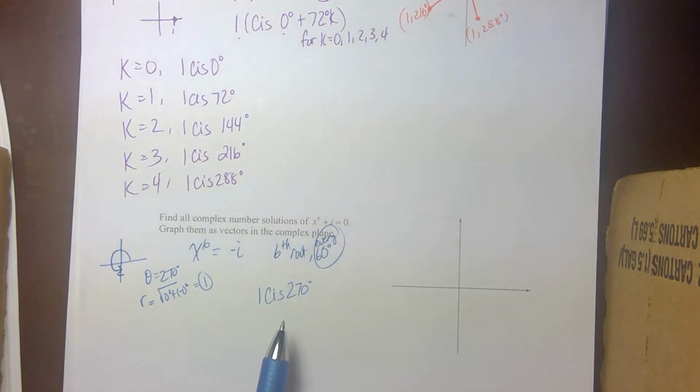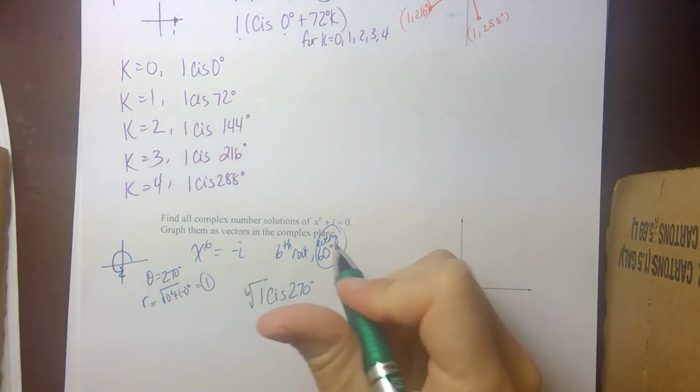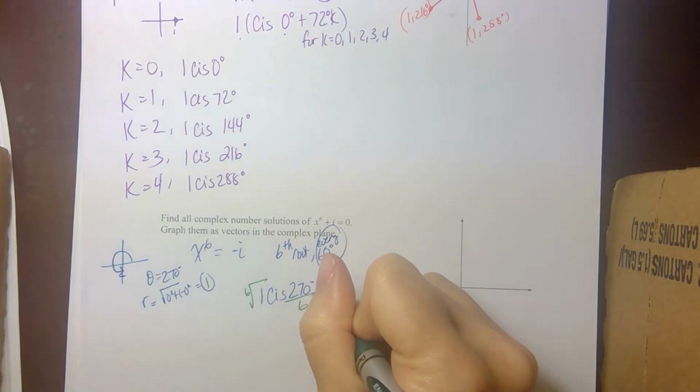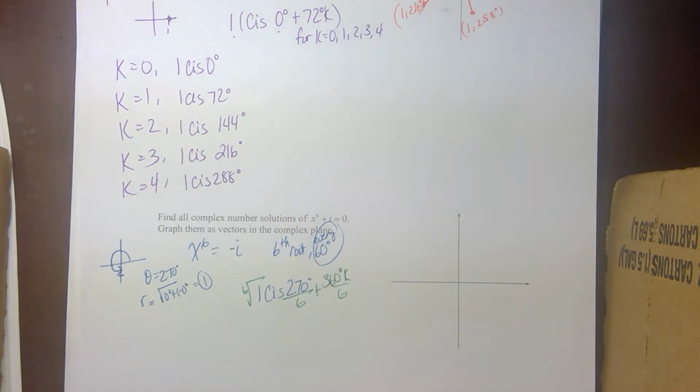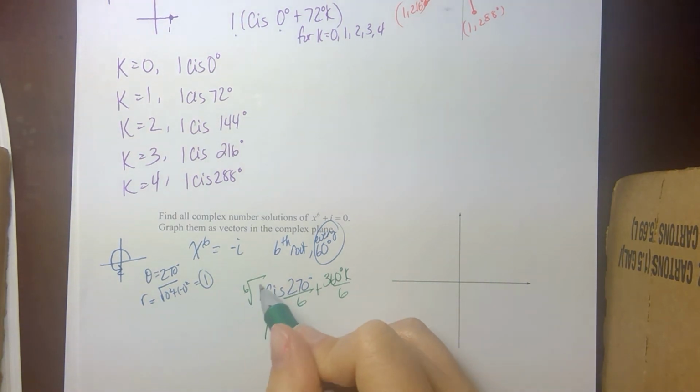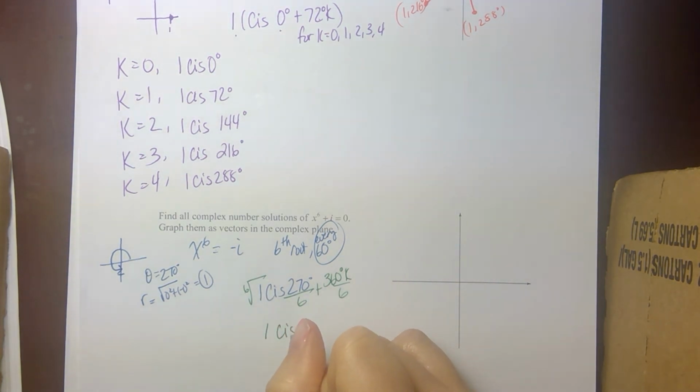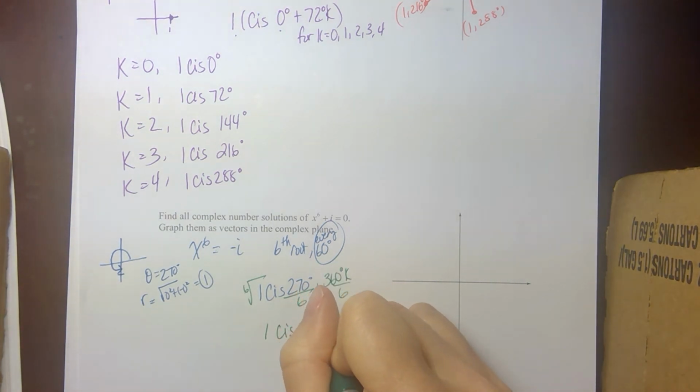And then what I need to do is find the 6th root of that. So I'm going to be taking the 6th root of 1. I'm going to be dividing that by 6 and saying plus 360k divided by 6. And that gives us 1. 6th root of 1 is 1. CIS. Well, what is 270 divided by 6? It's 45 degrees. So this one's going to be easy.